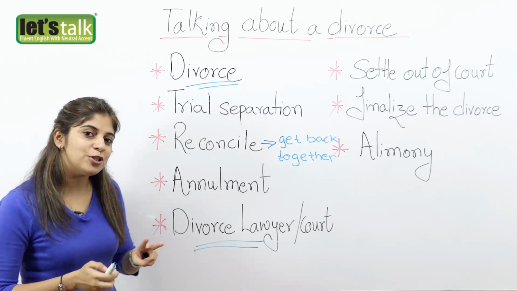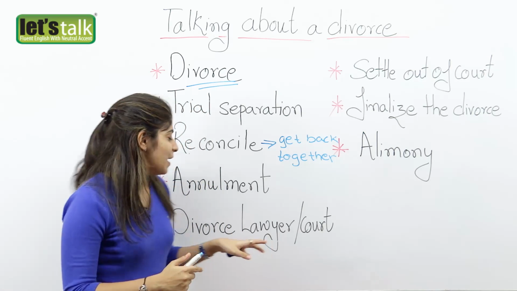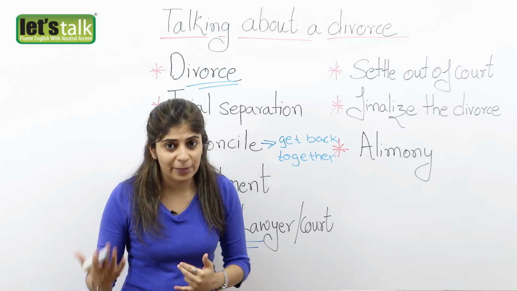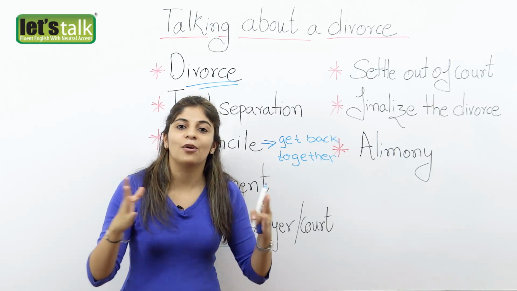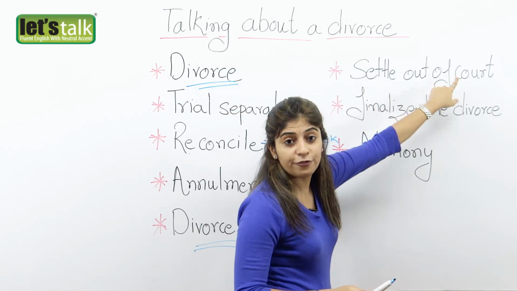Now, there are two options for the couple. They either go to the court, okay, a divorce court, also called family court in many countries, and they have a judge who decides on the divorce, or they settle it out of the court.